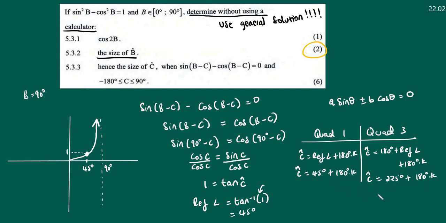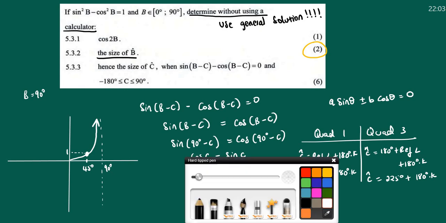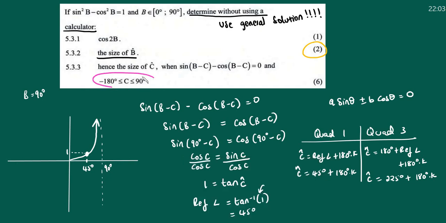So these are the two things that you have, right? But you need to get angle C. You were given the restriction here. You were given that C should be between negative 180 and 90 degrees. So how do you use that restriction? After finding your general solution, that's when you go to a table.